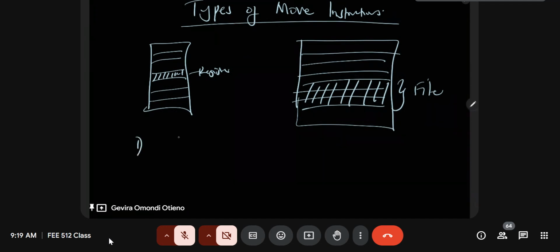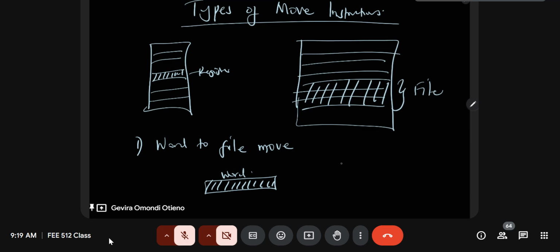One, you can do what is called a word to file move. A word to file move, where you have a word like that. So this is your word.